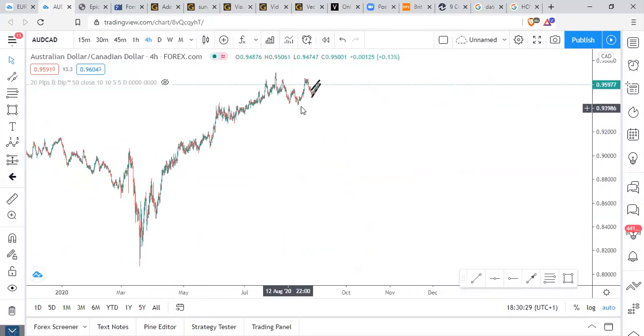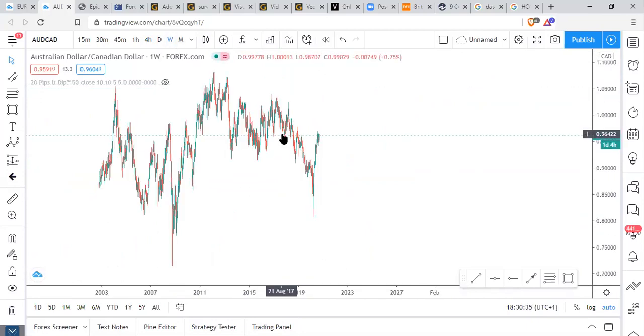But for the big traders, they are seeing a bearish trend. It's still a bearish market to them, not bullish until it shows them price rejection. From here it became a bullish trend for them, but up to here it's still bearish.